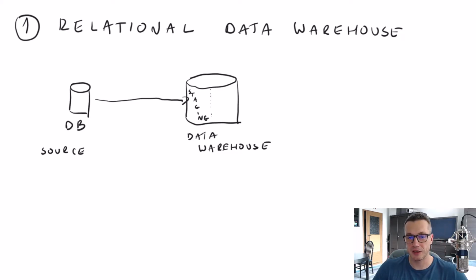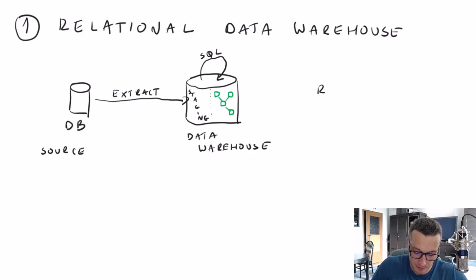So we would use this area just to grab data from the source database and save it as is, as tables in our data warehouse, right? That's the extract stage. And then we would model this extracted data into a design that works in our case, for example, like this, right? And to transform the data, we would use SQL statements, right? Then we would have some reports connected to this data warehouse, and everyone is happy, right?